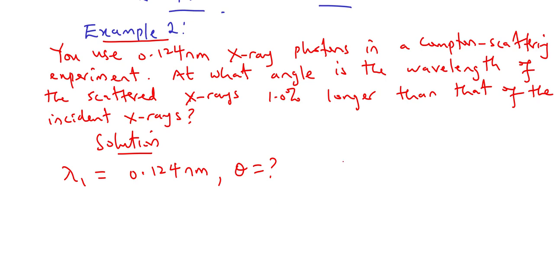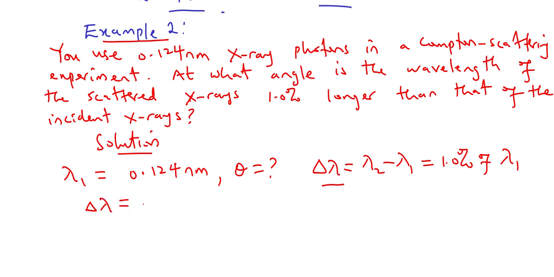The difference between the final wavelength of the X-ray and the initial wavelength is 1.0% of lambda 1. They say the scattered wavelength is 1% longer, so if you find the difference between the final and the initial, the change in wavelength is 1% of lambda 1.